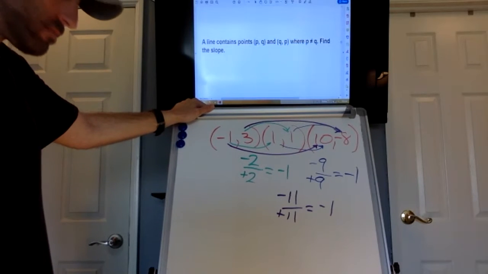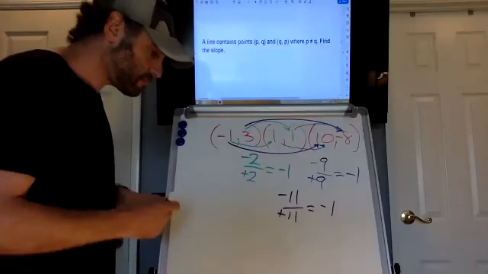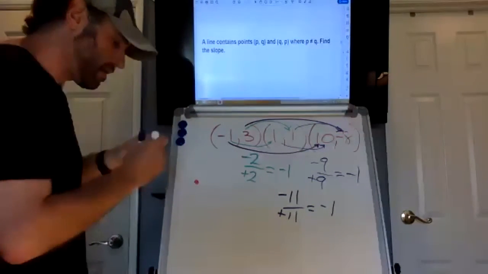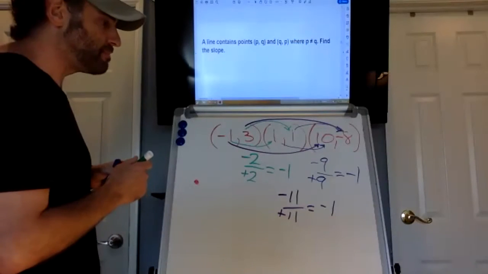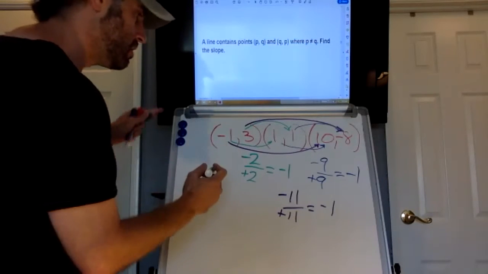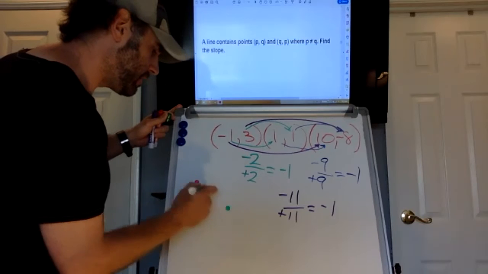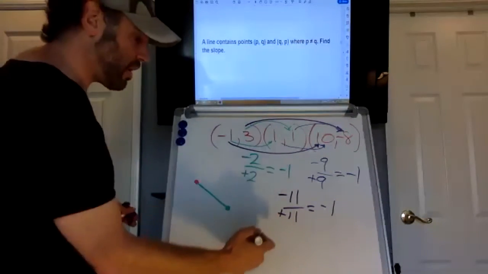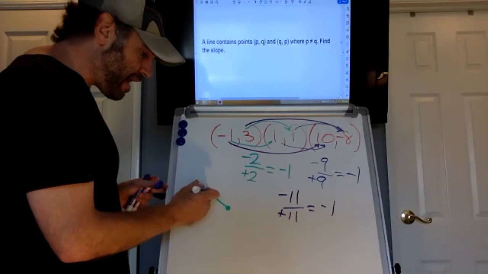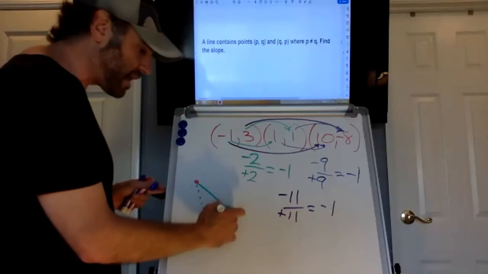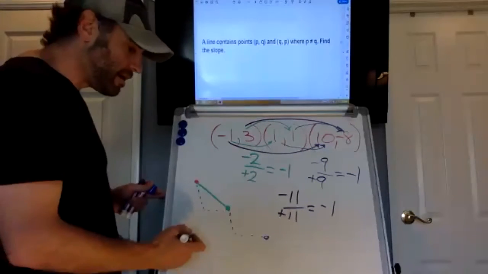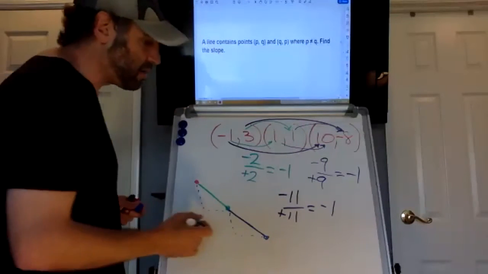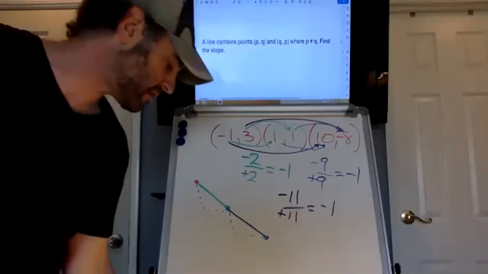No. If I start at red and I drop down to green, and then I drop down to blue following the same drop and run, then I'm following the same rate of change, and I'm traveling along the same line.